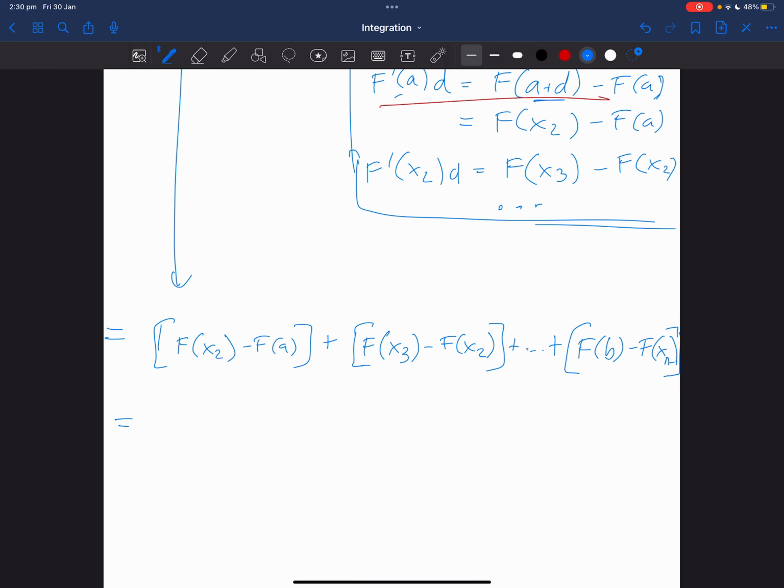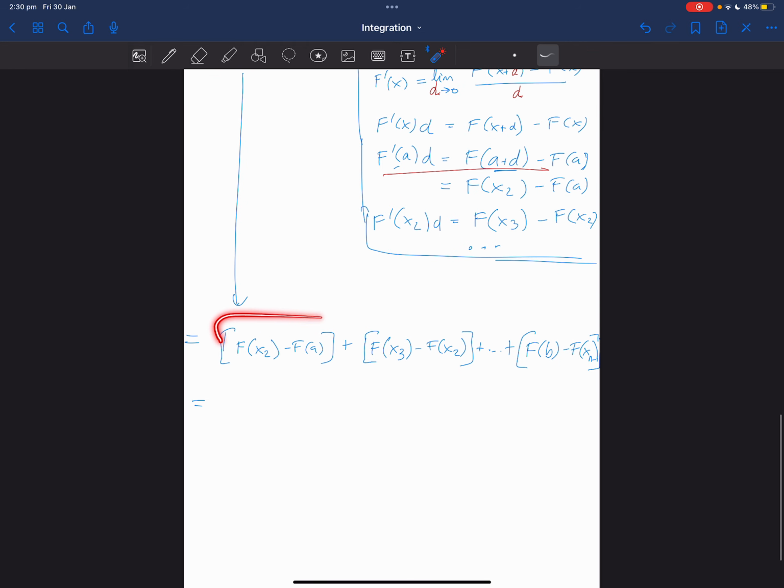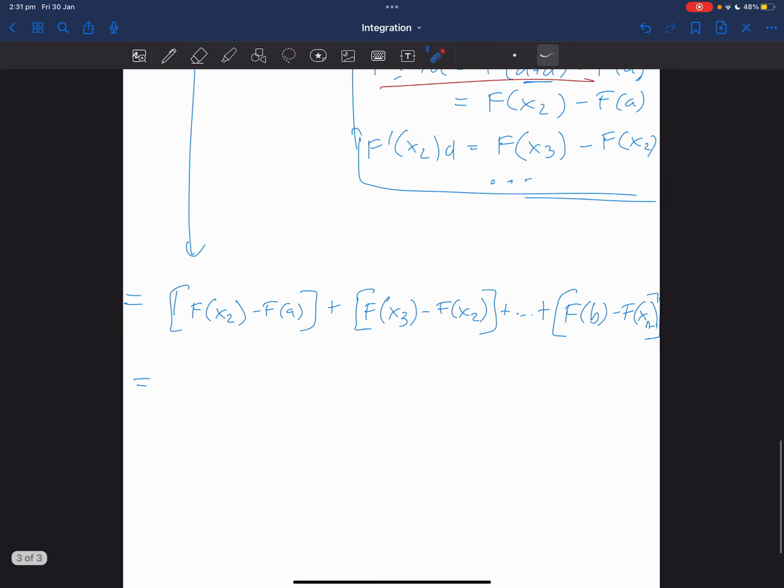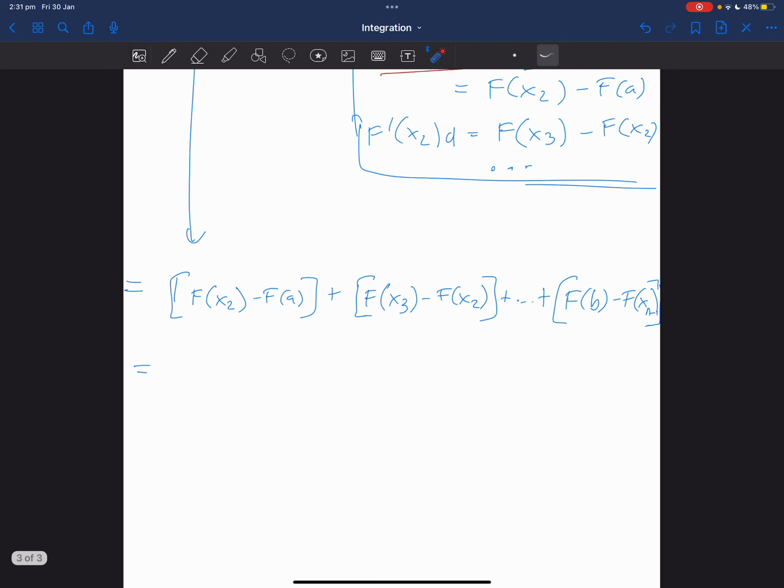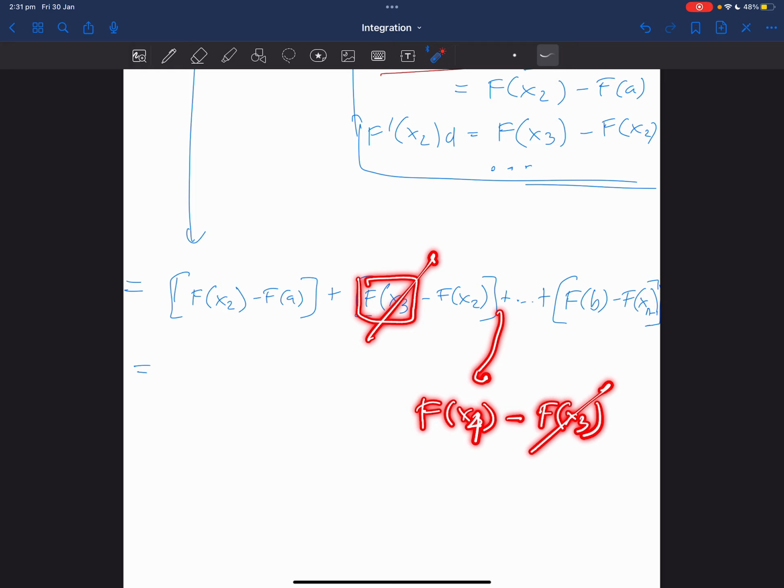Cool. Now, this sequence, when you're summing a bunch of differences, is a very common pattern in math, and it has a fun name called the telescoping sequence. Because when you do this, basically all the internal terms, the middle terms, cancel out. Notice we have f of x2 here, and then we're subtracting f of x2 here. Similarly, the next term would be f of x4 minus f of x3, and so the x3s would cancel.